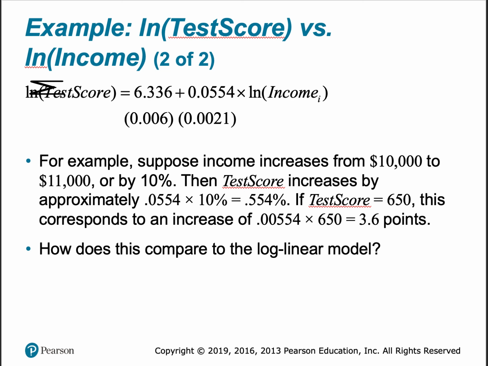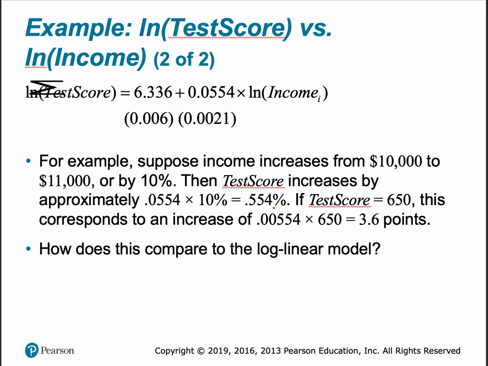In this case, if we suppose that income increases from $10,000 to $11,000, that's a 10 percentage point increase, then test score increases by approximately 0.0554 times 10 percentage points, which gives us 0.554 percentage points. If test score were 650, this corresponds to an increase of 0.00554 times 650, 3.6 points, right?